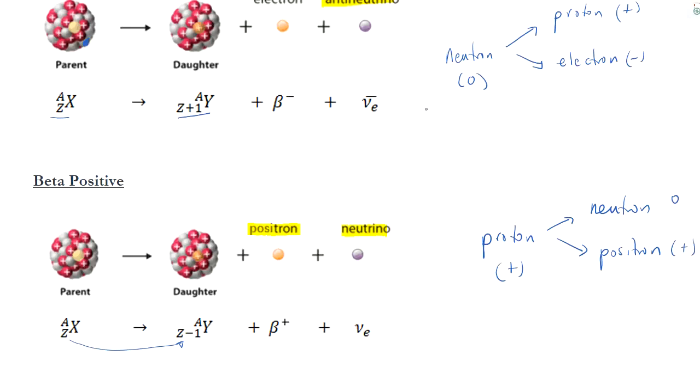So we obey the law of conservation of charge too. It's just a way I like to remember these two processes: this one, a neutron disintegrates, and this one, a proton does. So if a proton disappears, its proton number goes down by 1, but remember the mass number doesn't change because that proton became a neutron and has the same mass. Those are the 3 types of nuclear decay that I'd like to focus on.